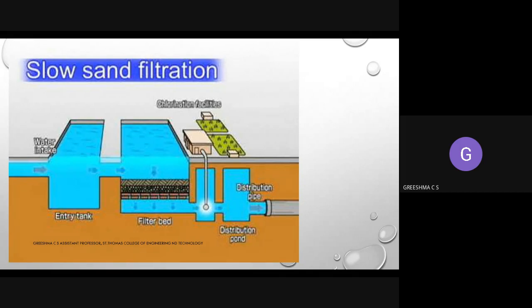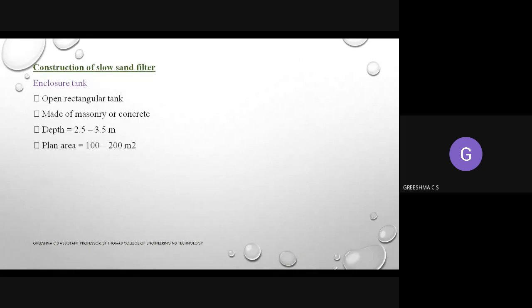That is a disadvantage, but at the same time the bacterial removal efficiency is very high, around 98 to 99% of bacteria can be removed in slow sand filters.